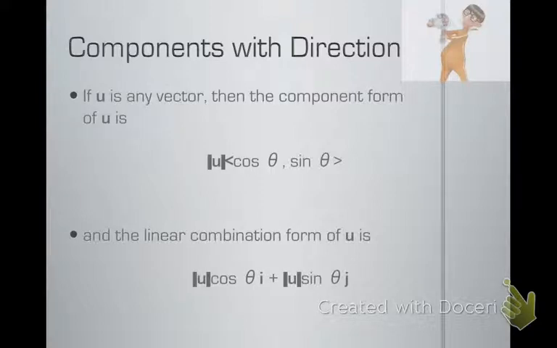So basically, if u is any vector, the component form of u is, remember that this means magnitude here, the scalar multiplication of the magnitude times cosine theta, sine theta. If it's in the linear combination form with those unit vectors i and j, we get the magnitude of u cosine theta i, the magnitude of u sine theta j.